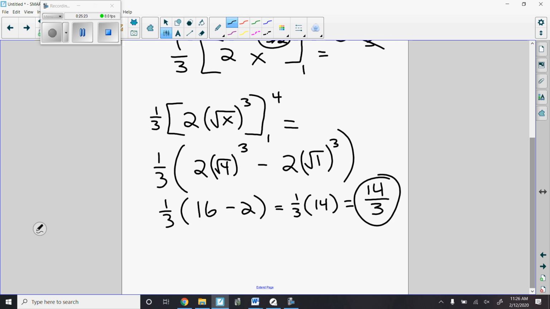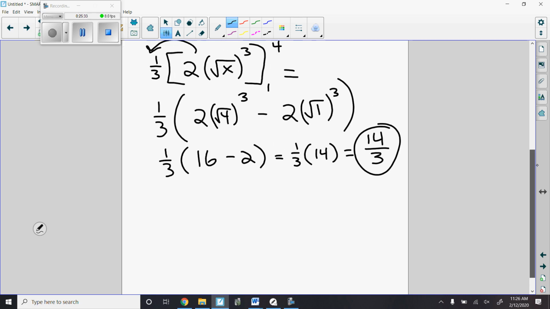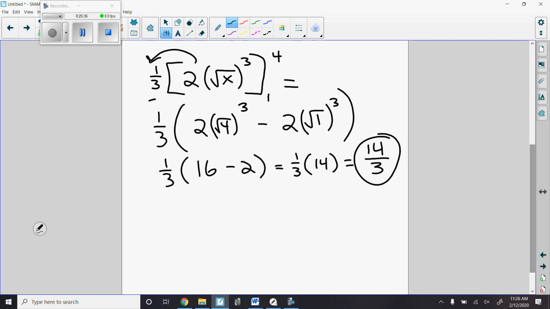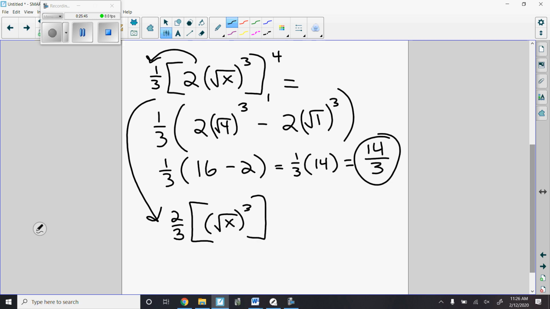Okay. If I would have pulled that 2 out ahead of time, it would have looked something like this. I can do this if it just makes it easier on myself. I'm certainly welcome to do so. If I pulled that 2 out front, then I'd have 2 thirds square root of x cubed, which would be 2 thirds square root of 4 cubed minus square root of 1 cubed.